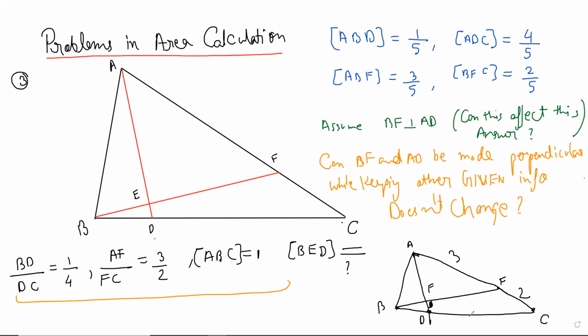So how do you make it 1:4? Well, that is not difficult. You can just move B on this red line. If you move B on this red line, then you can adjust the ratio BD to DC.